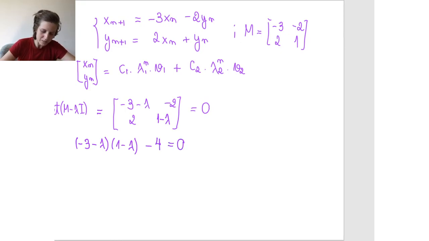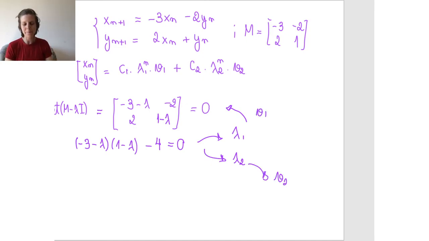And then here you are going to get a second degree polynomial, and then you will find lambda 1 and lambda 2, and by setting lambda 1 that you found here, you get v1, and then you also get v2, okay? I'm also leaving this for you to do yourself. And if you have any question, just let me know.